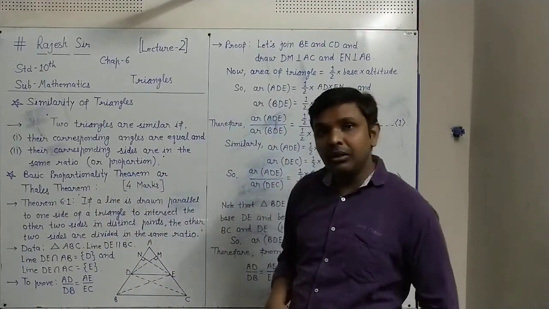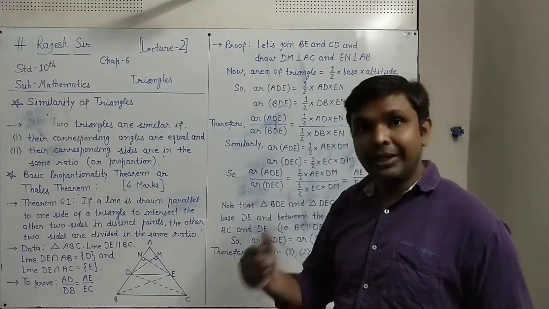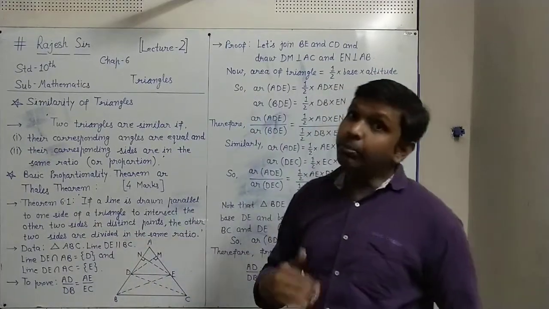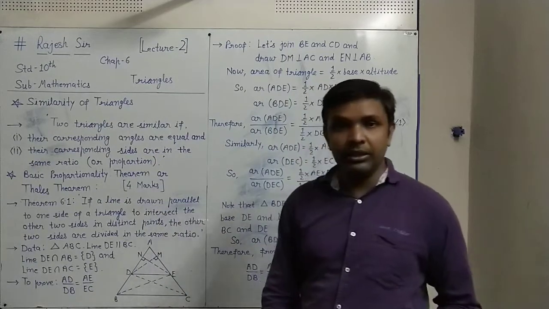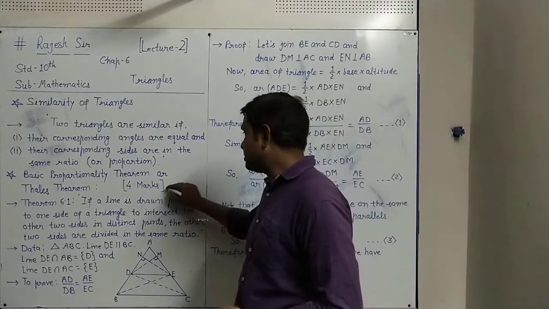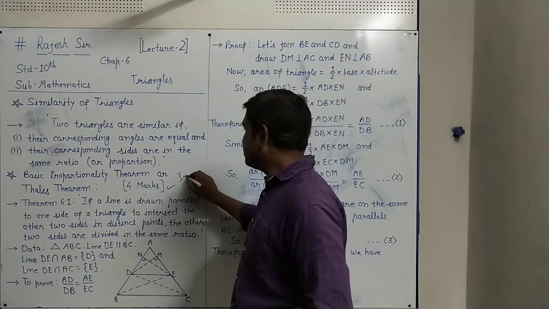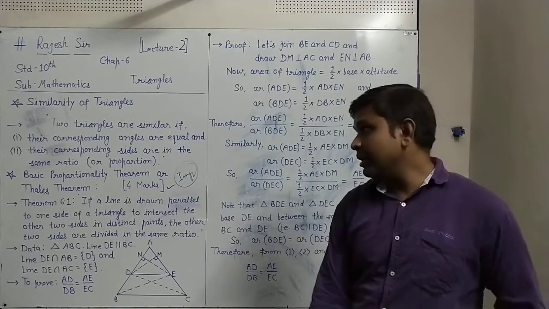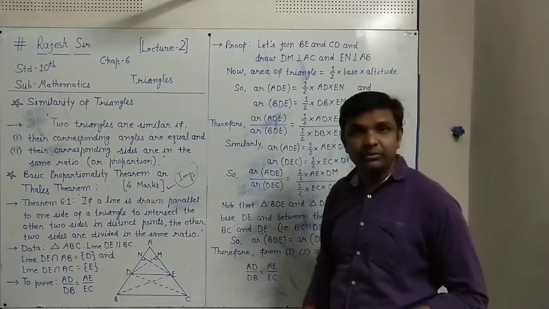In the exam it is very often asked to state the basic proportionality theorem or Thales theorem and prove it. It is a 4 marks question, so it is very important for exam purposes. It is necessary to learn and prepare this theorem very well, as given and proved here.